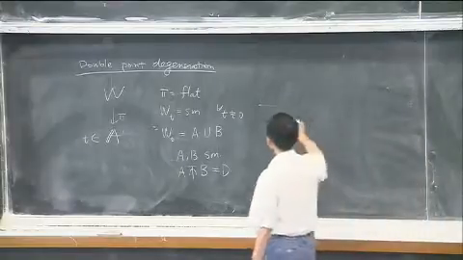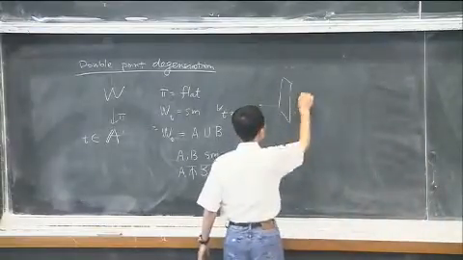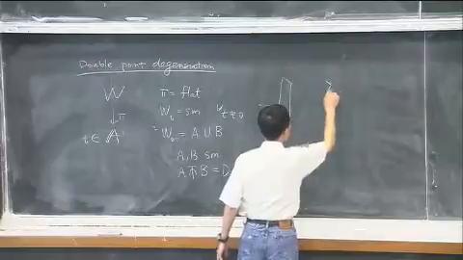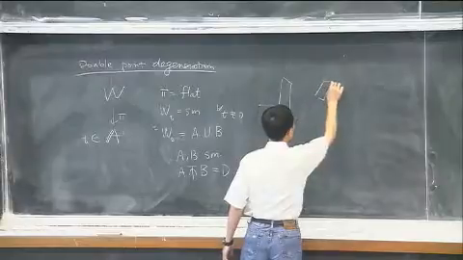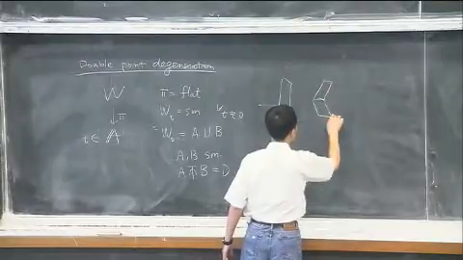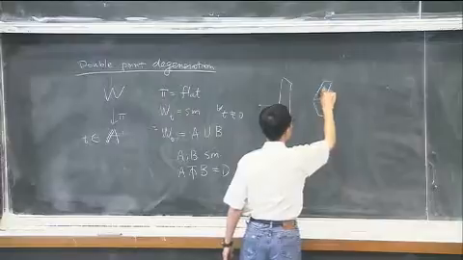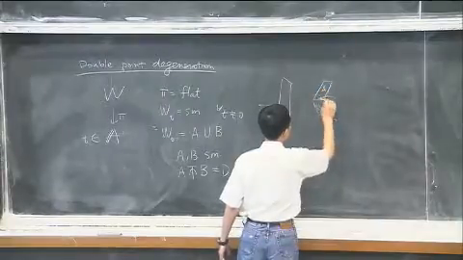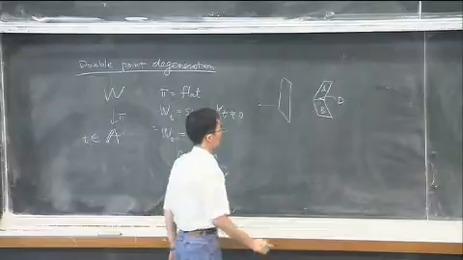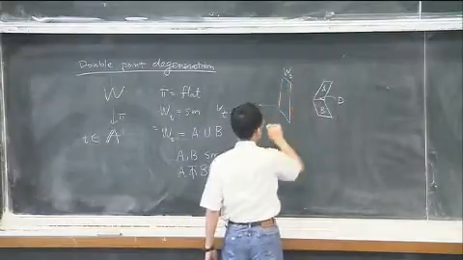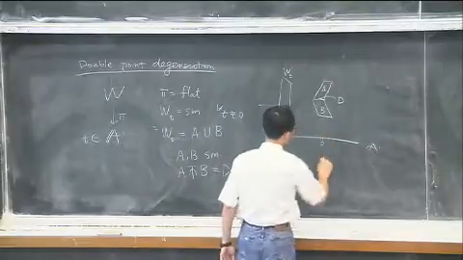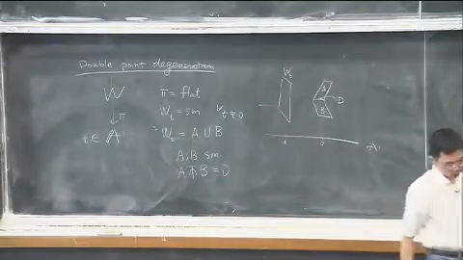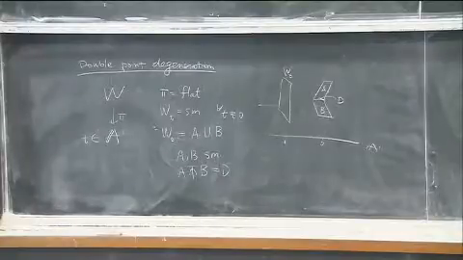So basically what you see here is something like smooth, smooth, and then at the center the central fiber becomes a double point degeneration, maybe like this. And this is your A, B, and then your D. That's the diagram.